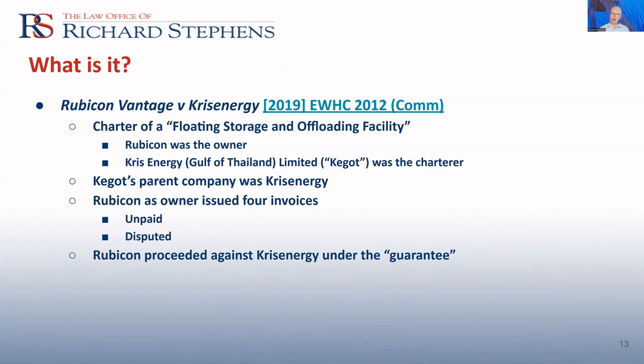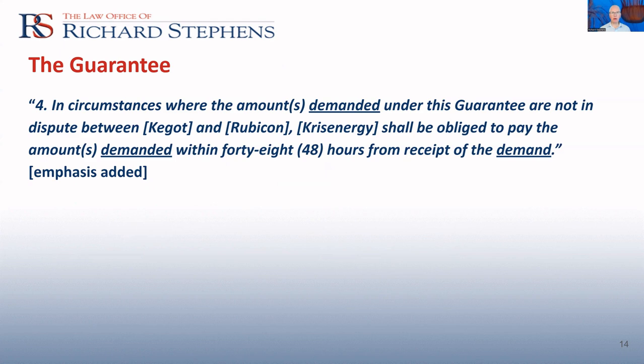Okay, let's take a look at it. What on earth is it? Now, this deals with where there is reason to dispute. As I've said, these invoices were disputed. But let's have a look. 3 lines, 3 uses of the word demand. Where the amounts demanded under the guarantee are not in dispute between KEGOT and Rubicon, Chris Energy shall be obliged to pay the amounts demanded within 48 hours from receipt of the demand.